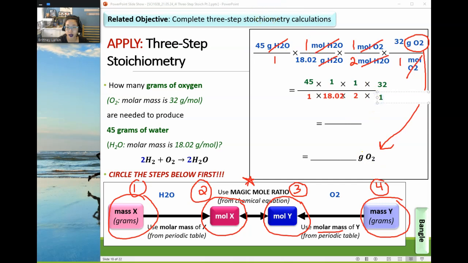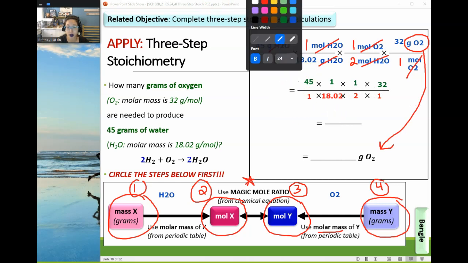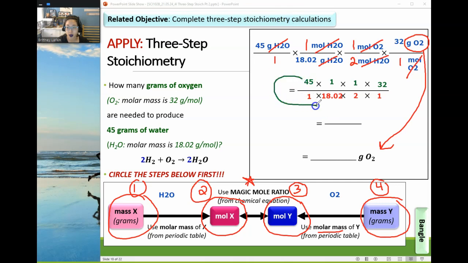Okay, so first we need to solve for what's on top. Again, 45 times 1 times 32. Stick that on top. And then on the bottom, we need to go ahead and do 1 times 18.02 times 2 times 1. So that goes on the bottom.